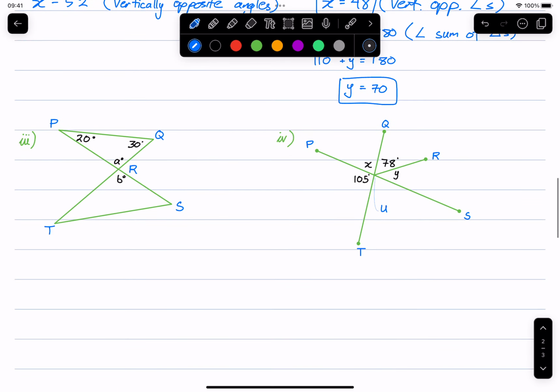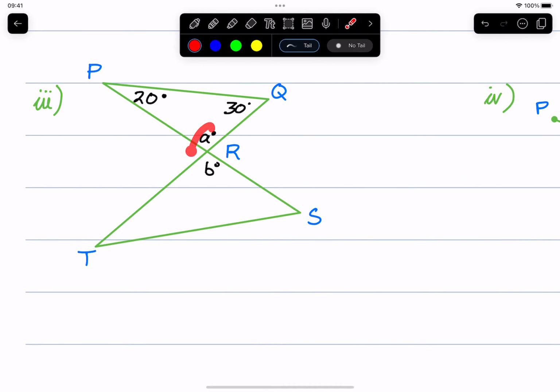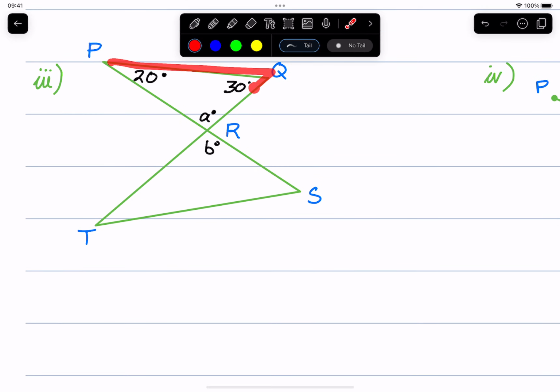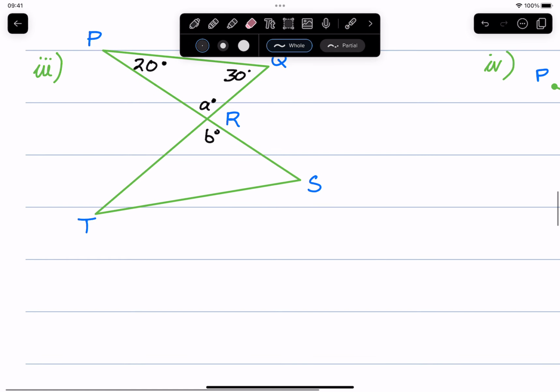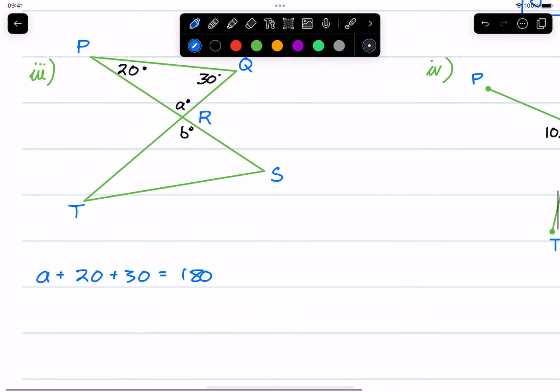Okay, you can pause and give the next few a go yourself. So here we go. For this, I hope you can see that these two are indeed vertically opposite angles, but we don't even know what A is yet. But in this triangle, it must add up to 180 degrees. So we can state that A plus 20 plus 30 is 180 degrees.